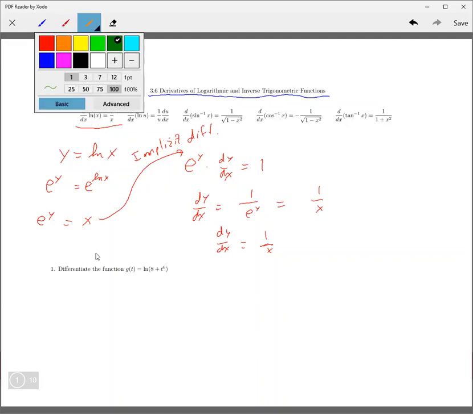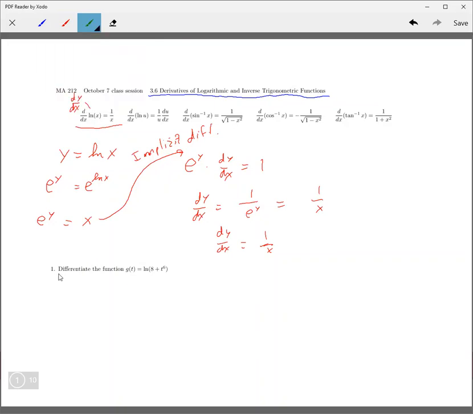Okay, so let's go with exercise number 1, where you're differentiating this. Now for this one, we're going to use this rule here, which is just using the chain rule and applying it to what we learned just now. So g prime is equal to 1 over whatever's inside, that's just this part here, times the derivative of this part.